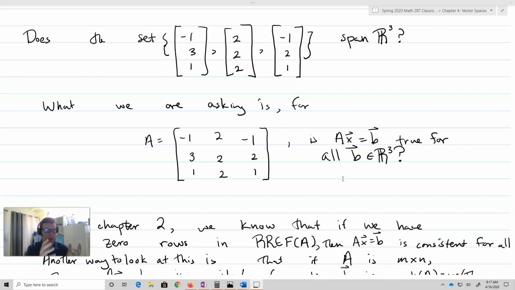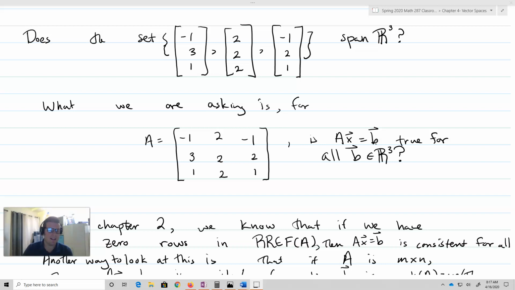On another level, if A is a matrix of the column vectors (-1, 3, 1), (2, 2, 2), (-1, 2, 1), is AX equals B true for all B in R3? If we picked an arbitrary vector B and tried to solve this system, would we actually get a solution for every single one?